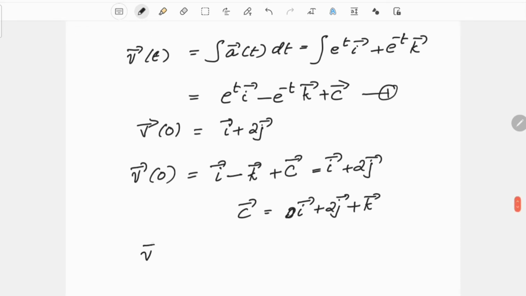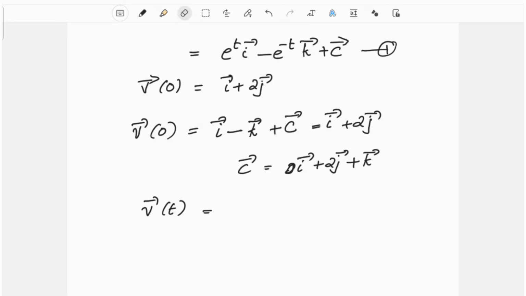Therefore v(t) is equal to e^t i + 2j + (-e^(-t) + 1) k.